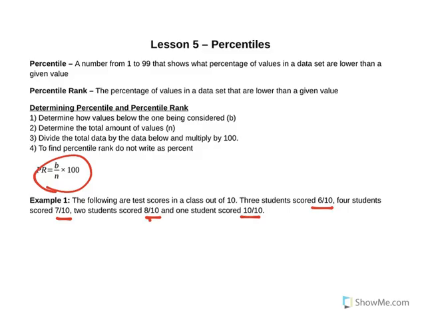If we were to imagine this on a number line, this would be 5, this would be 10, 6, 7, 8, 9. We know that there are 3 students at 6, 4 students at 7, 2 students at 8, and 1 student who got 10.